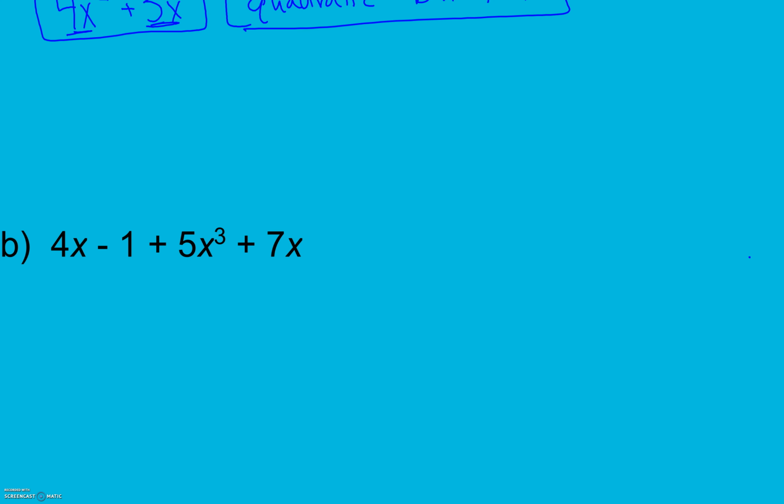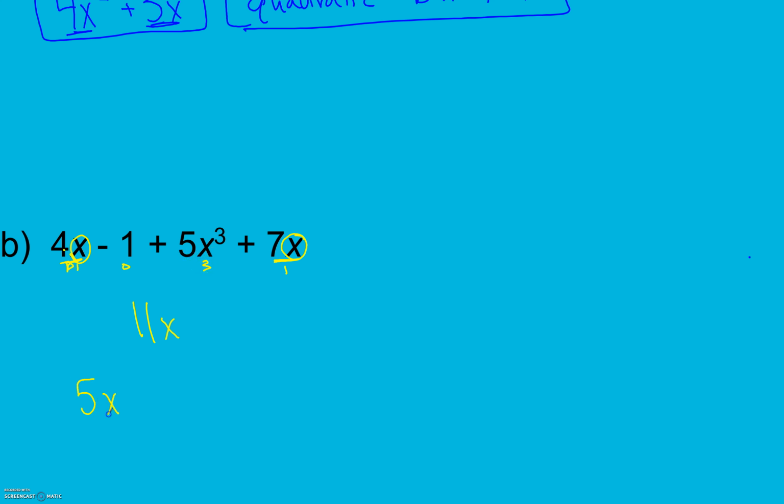Here, if I compare, I have degrees 1, 0, 3, and 1. My 1s I can put together. So since I have the exact same variable, I keep that and add my numbers. 7 plus 4 is 11x. Okay, but my degree 3 has to go first.